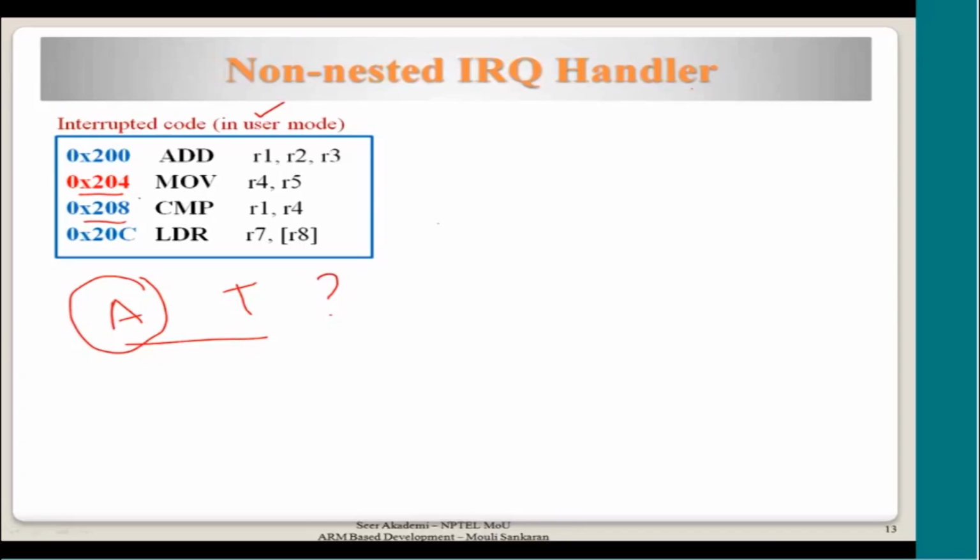Each instruction is taking 4 bytes, so naturally it is a 32-bit instruction. If a 32-bit instruction is being executed, that means it is in ARM state, right? If it was in Thumb state, the addresses would have looked like 200, 202, 204, correct?